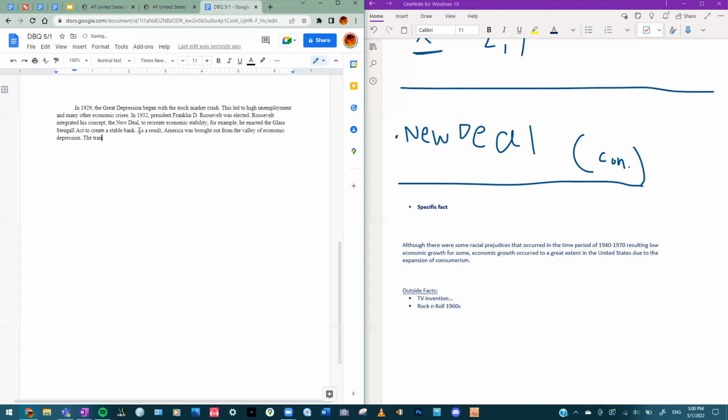The transition, this is sort of the context, but this includes the time period. The transition to a wartime economy increased production, further stimulating the economy. All right, and now we're going to use our thesis.